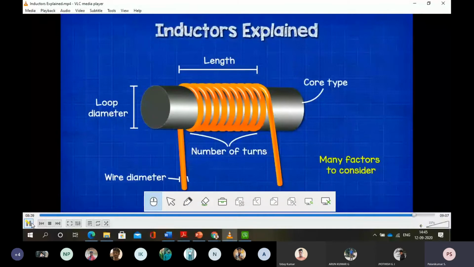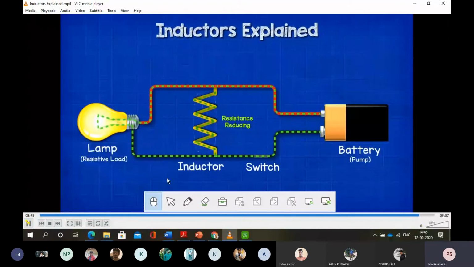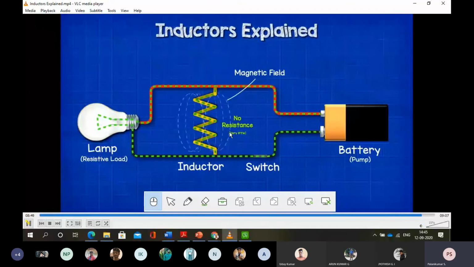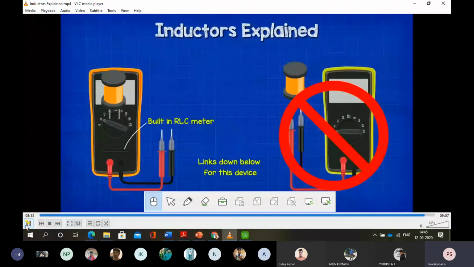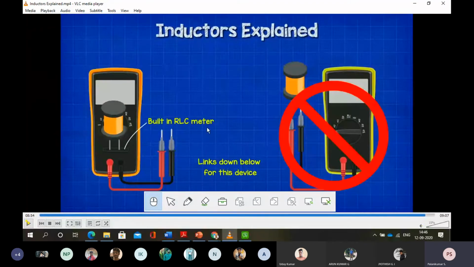Then usually we use an LCR meter. If you want to measure the particular value of the inductance, in terms of Henry or millihenry, we use an LCR meter, also called an RLC meter.